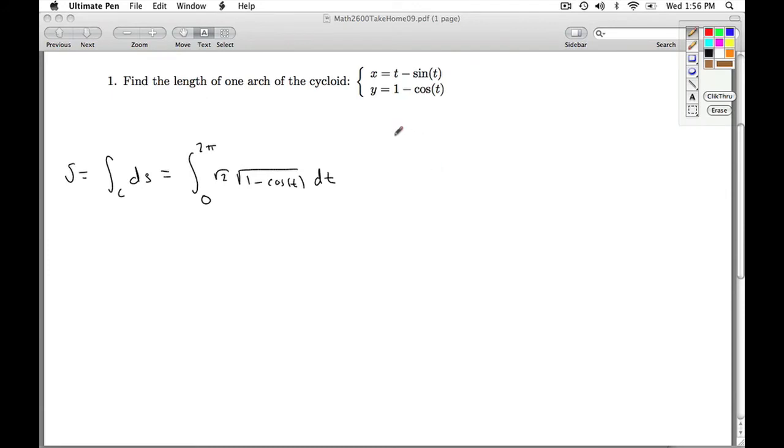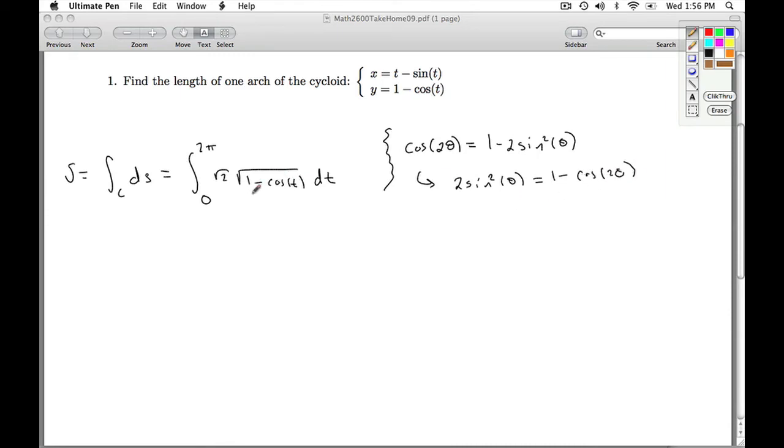Well, we can go back and look at the double angle formula for cosine. So cosine of 2 theta, one of the variations is it's 1 minus 2 sine squared theta, which means that 2 sine squared theta is 1 minus cosine 2 theta.